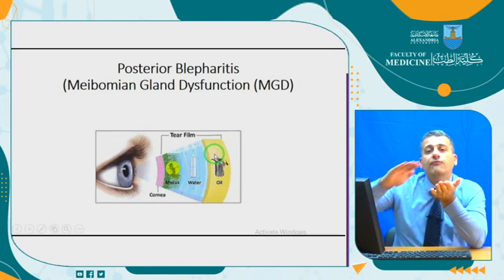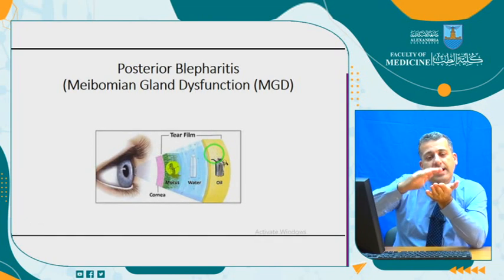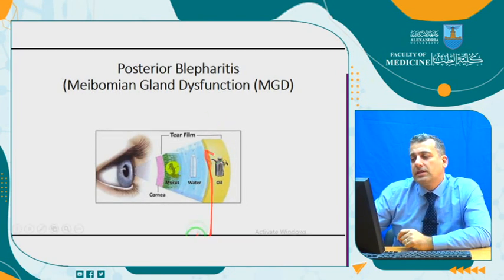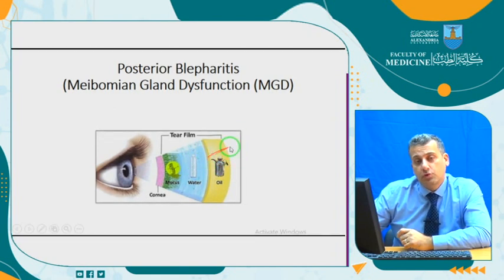This oily material floats on the surface of the water. As you know, the density of oil is much less than that of water, so it floats on the surface. This helps to retard evaporation of the water and maintain the eye moist. So if you have a deficiency in this oily layer, the water will evaporate more quickly than usual, and this will cause dry eye and irritation.